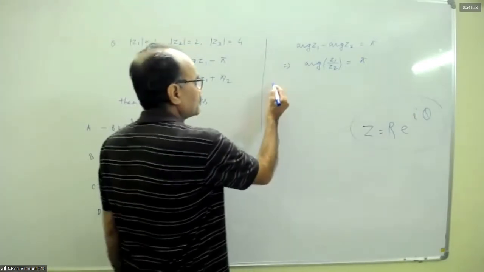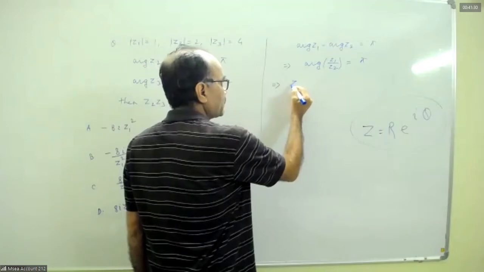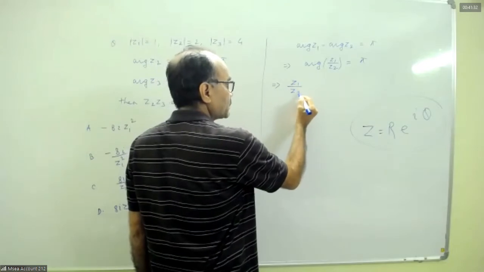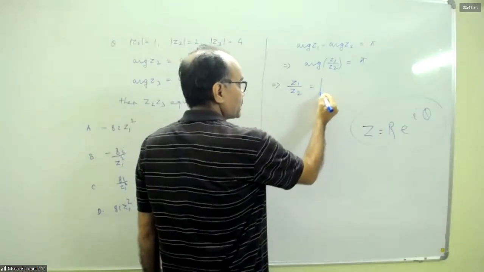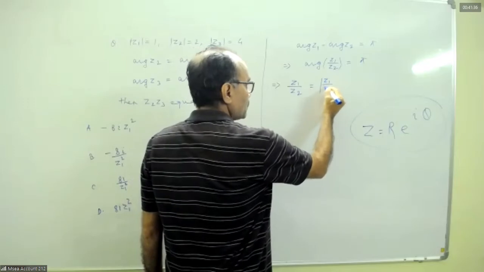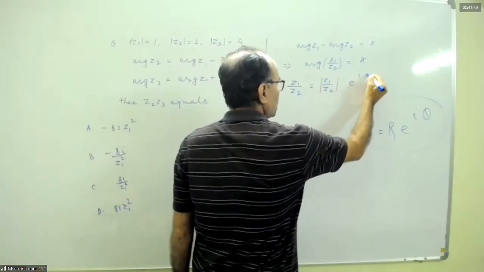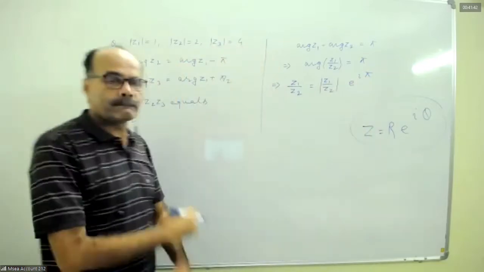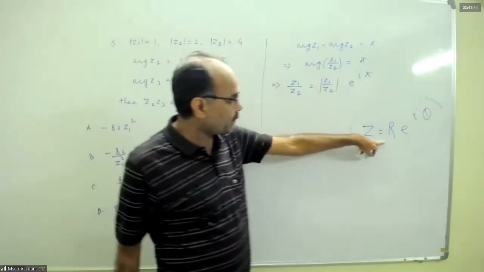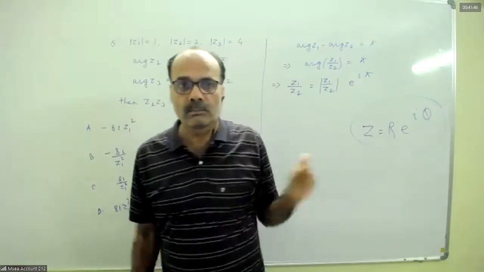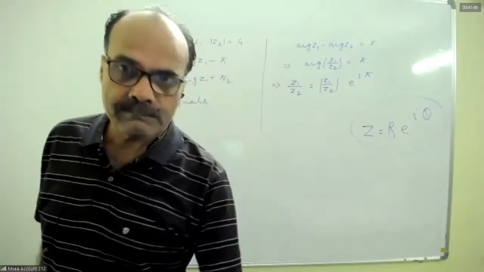So I can write Z1 by Z2 as magnitude times e to the power i pi. I told you any complex number can be written in this form. Yes, sir.